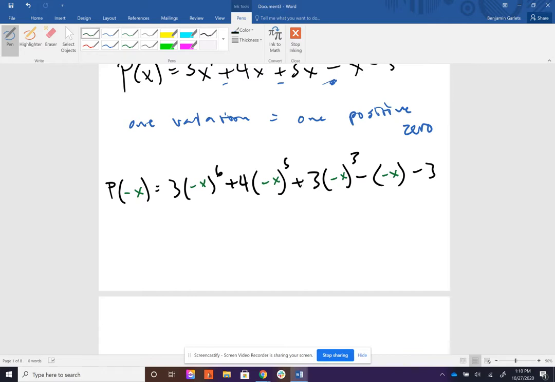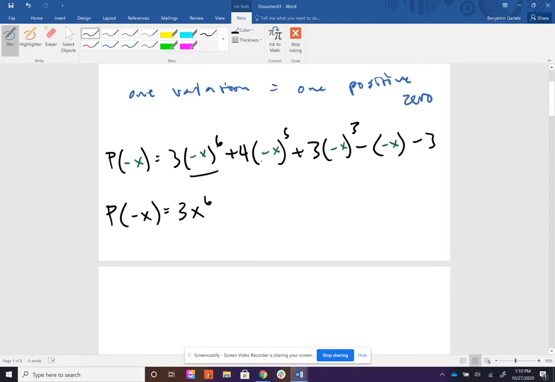Once we do that, we evaluate and see what we get. P of negative x: any negative number to an even power, so negative x to the sixth power, is just going to leave us with x to the sixth power. And anything to the odd power, we're going to end up with negative x times negative x, which gives us positive, times negative x, which gives us negative.